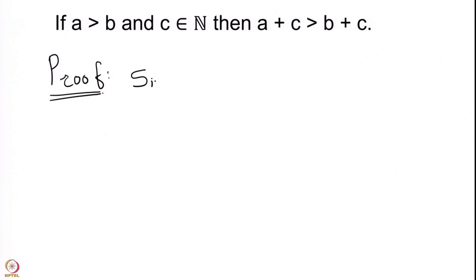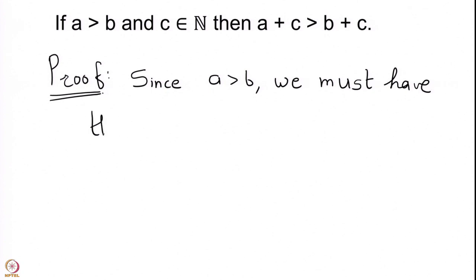So, since A is bigger than B, we must have that our definition of order will tell you that A minus B is in N. If you have A bigger than B, then A minus B should be a natural number.